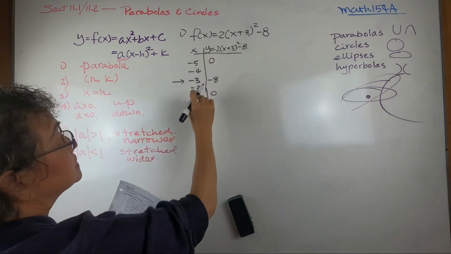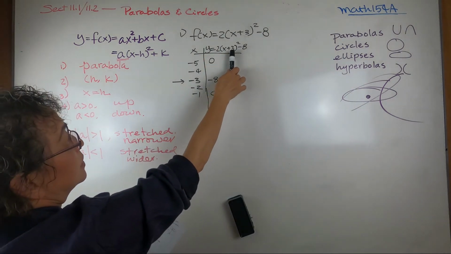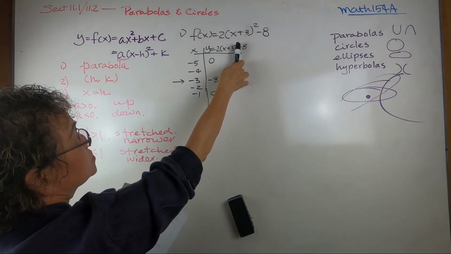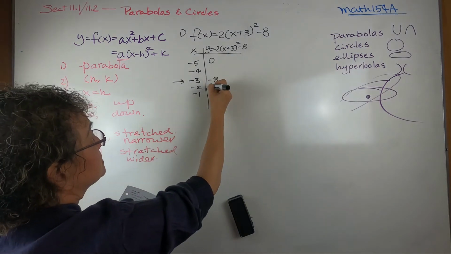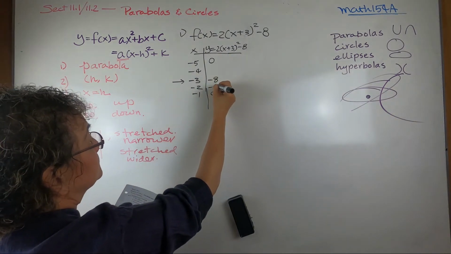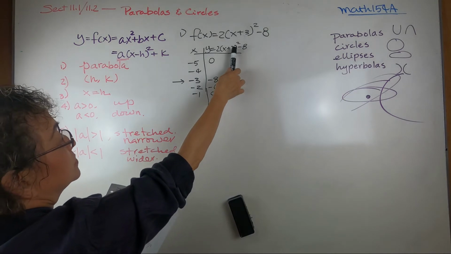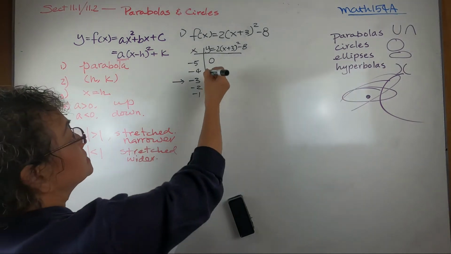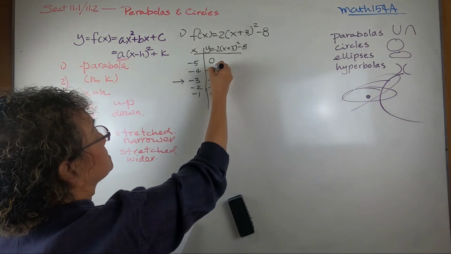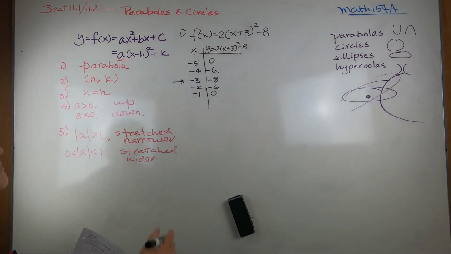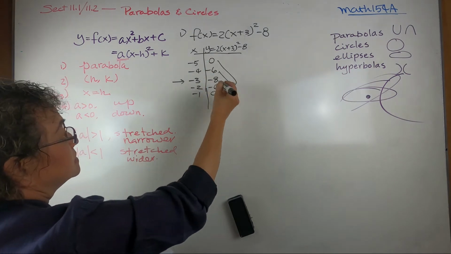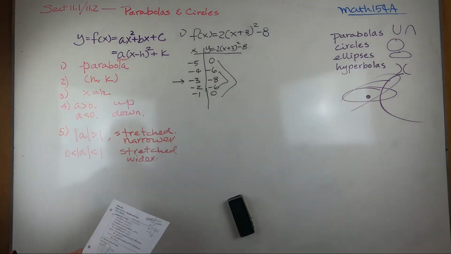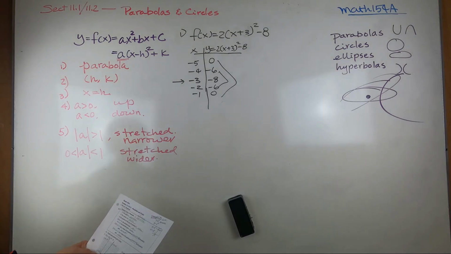Negative 5, I have 0. If it's negative 2, that will be what? 1 squared, 2, then negative 6. Is that right? Okay, that would be 1, yes. Then this would be negative 6. So it should be what? Symmetric. Okay, I'm just checking my numbers, make sure it's correct.